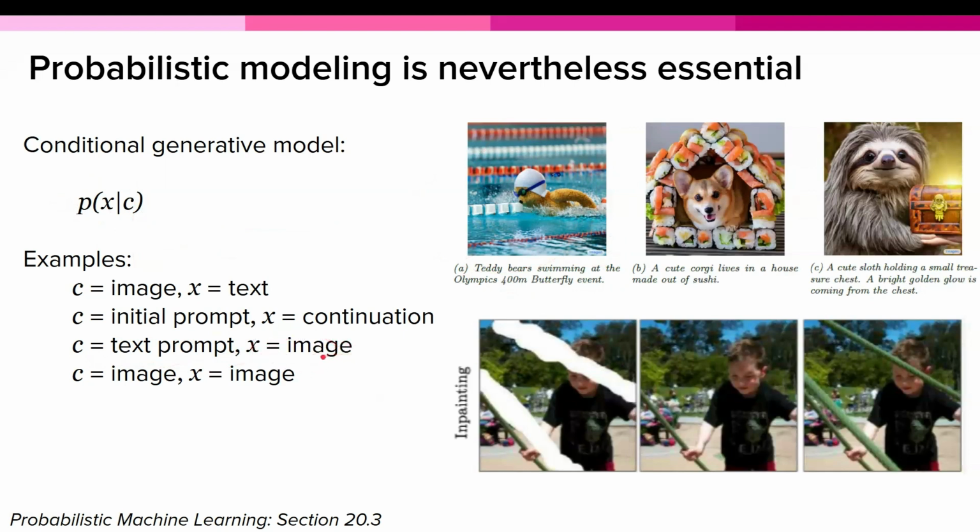So it's first conditioning all the possible images that it could generate on that text prompt C, and then it's giving you a particular sample from that starting point, at the risk of some loss of precision. Some other examples: a cute corgi lives in a house made out of sushi, and a sloth holding a small treasure chest.